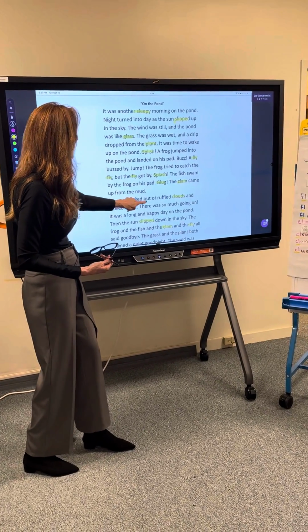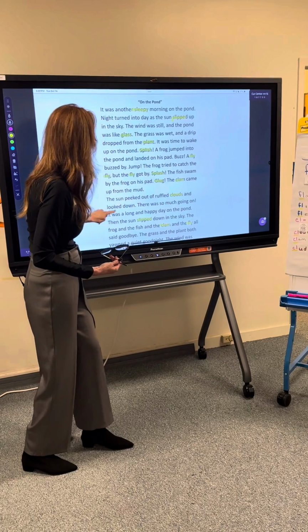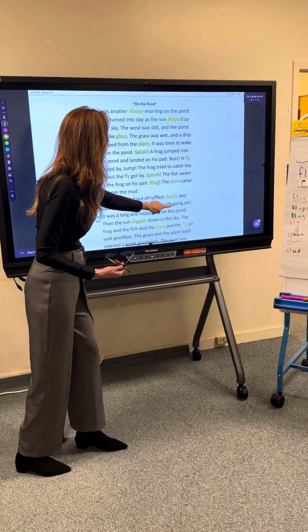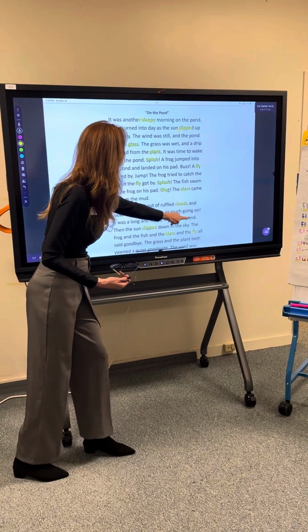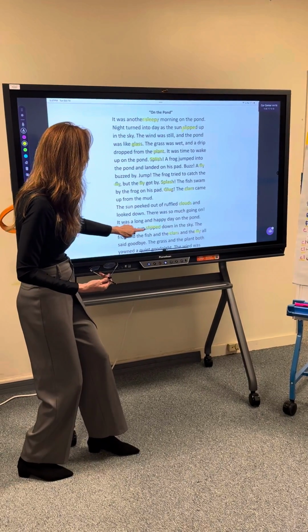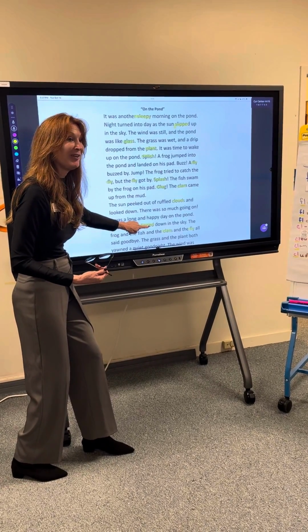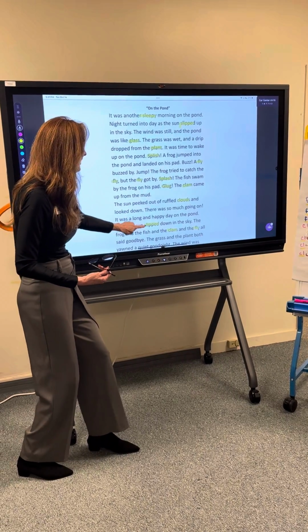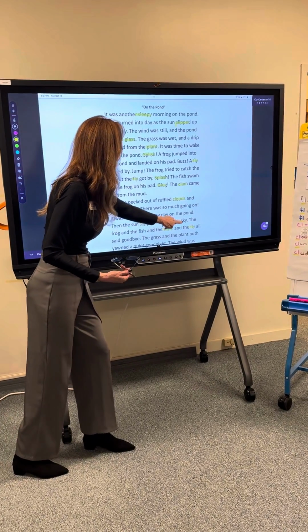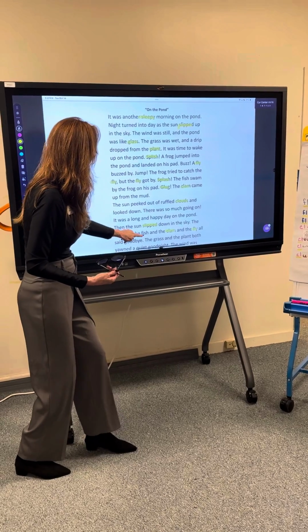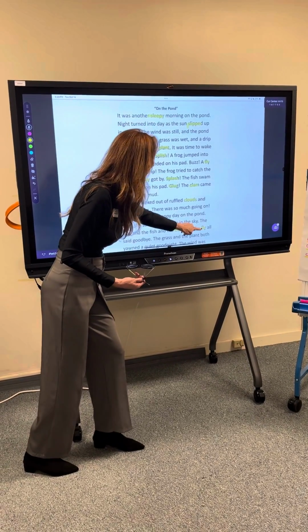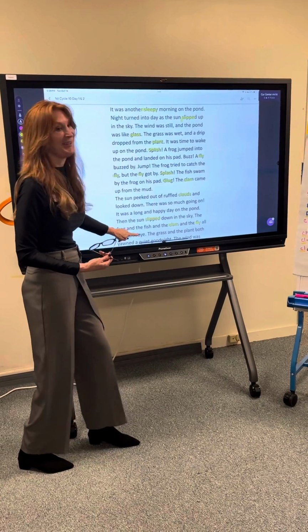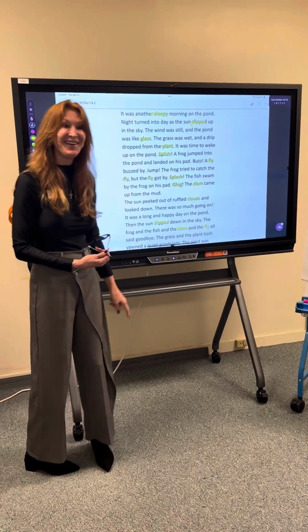The sun peeked out of the ruffled clouds and looked down. There was so much going on. It was a long and a happy day on the pond. Then the sun slipped. Put your finger on slipped. Say it with me. Slipped down in the sky. The frog and the fish and the clam and the what? Fly all said goodbye. Very good.